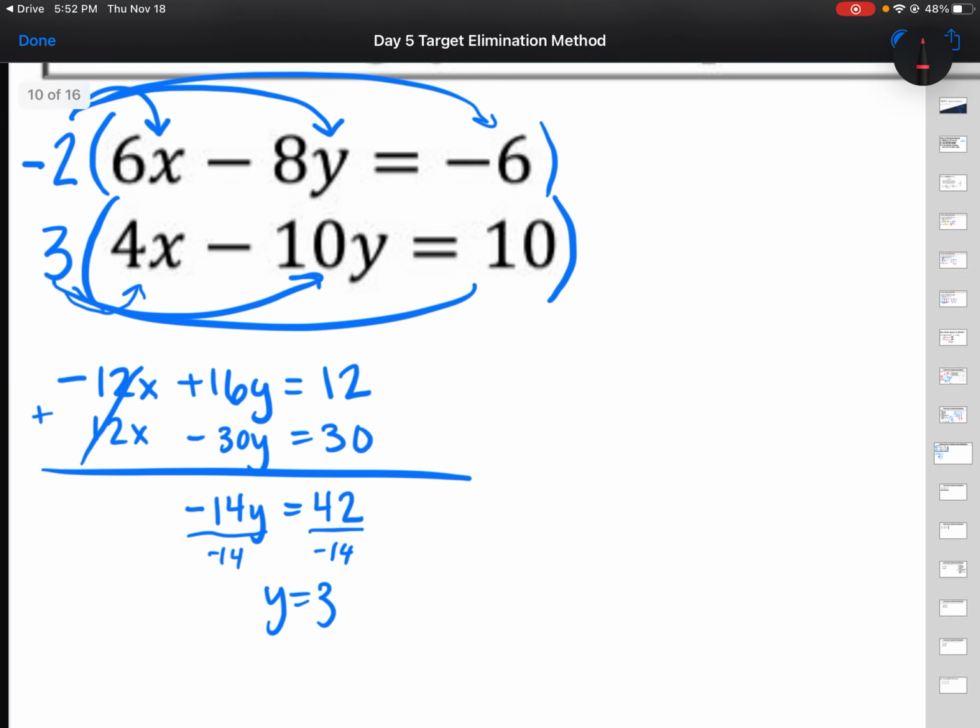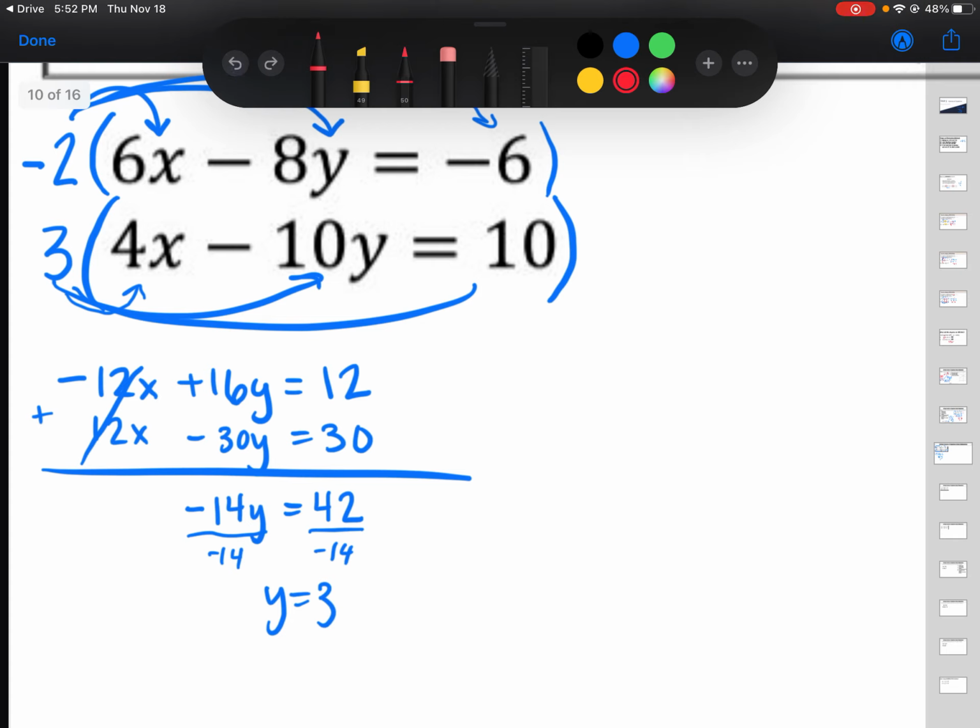Okay, I've got y. Now I need to find out what x is. So let's take it and plug it into our first equation, and we will plug it in for y. Highlighted the wrong thing. So 6x minus 8 times y, but we know that y is 3.